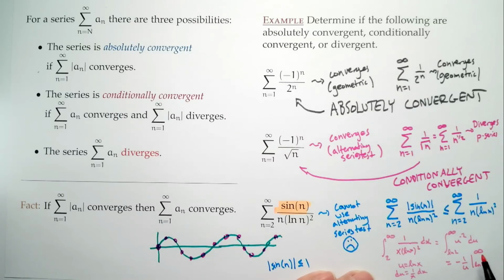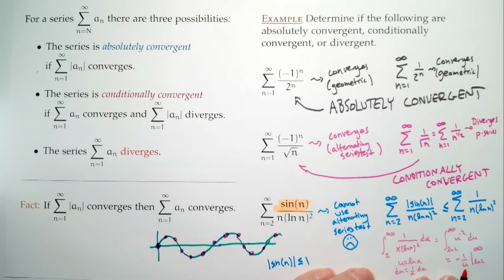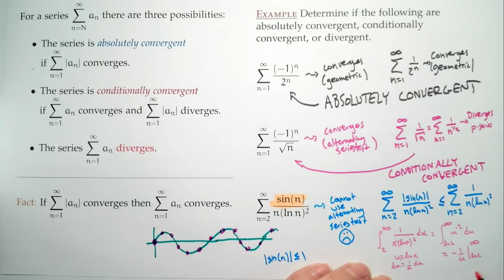And the nice thing is, as I head off to infinity, this heads to some finite value. So this is converging. When I talk about this converging, I mean this integral converges. Integral test says the sum converges.